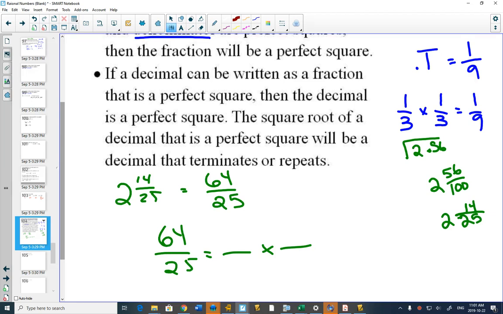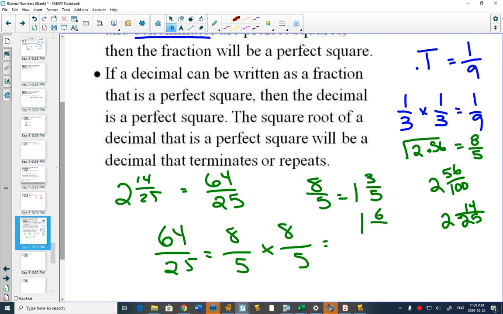Well, what's 25? 5 times 5 and 8 times 8. So the square root of 2.56 is the same as 8 over 5, which is the same as 1 3/5.